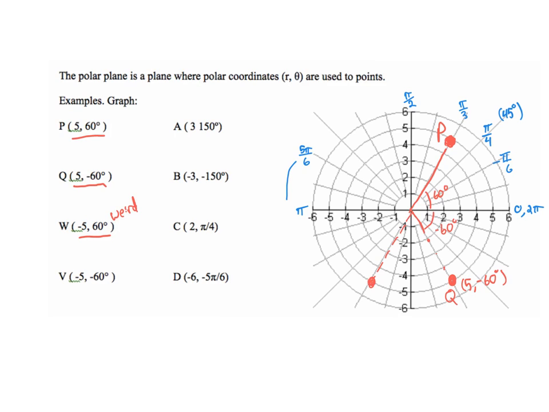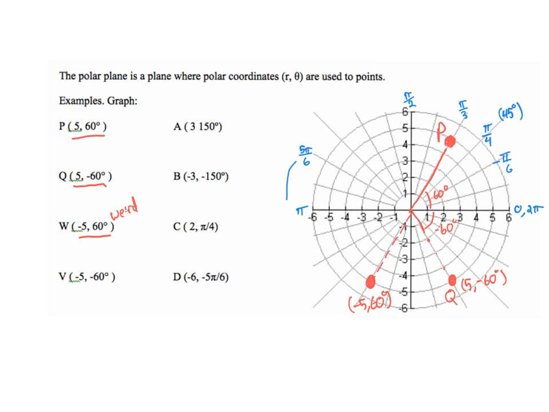So this point is -5, 60 degrees. Not because these numbers are negative; these numbers are labeled there just to help you label the radiuses of the circle. But that is a negative radius because I started at 60 degrees, and instead of going this way, I went this way. So the opposite way of the angle, backwards, is a negative radius.